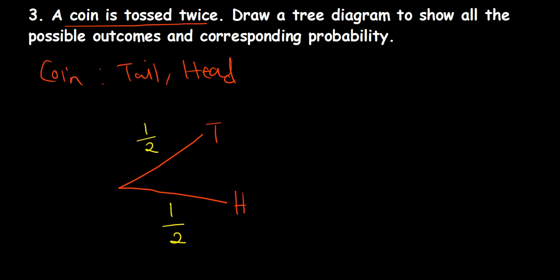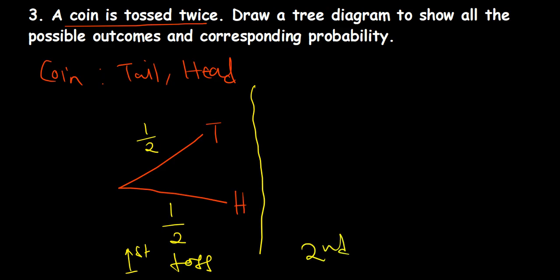And then we can also do our second toss. So this was the first toss. Okay, then let's do our second toss, because they say this coin is tossed twice.